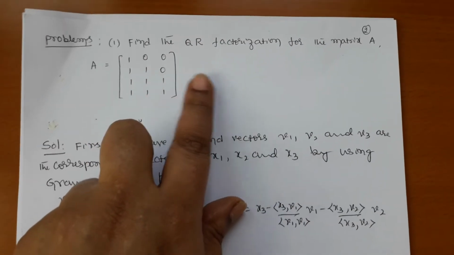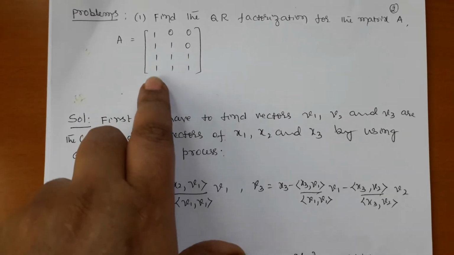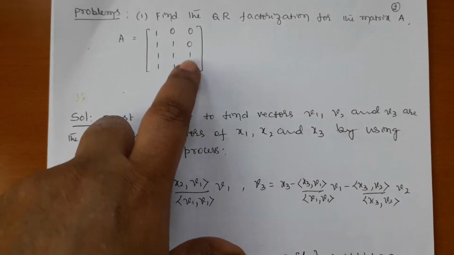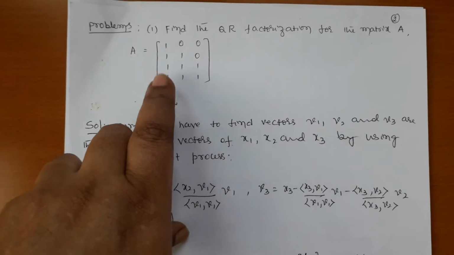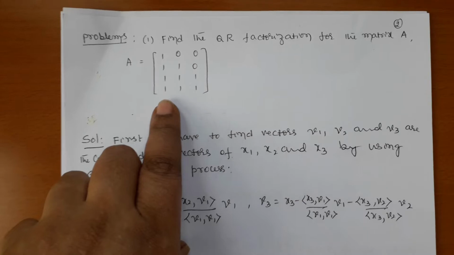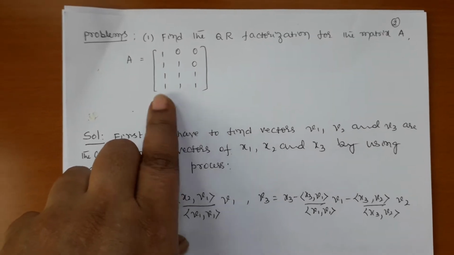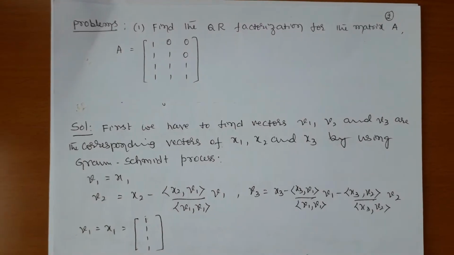Find the QR factorization for the matrix A, which has entries 1 1 1 1, and 0 1 1 1, and 0 1 1 1. Observe how many columns you have: 1, 2, 3. Writing them as vectors, we get 3 vectors. Observe all 3 vectors are linearly independent. Therefore, it is possible to go for QR factorization.